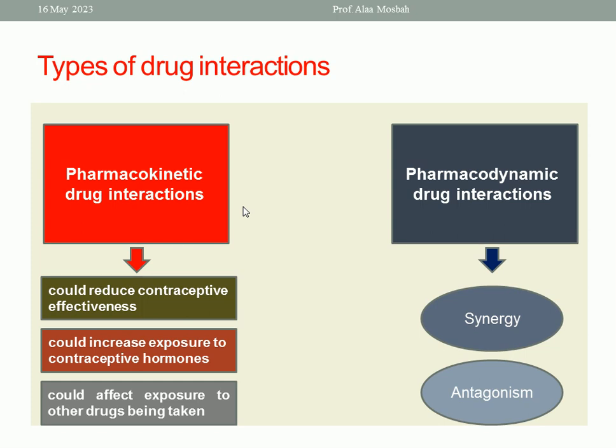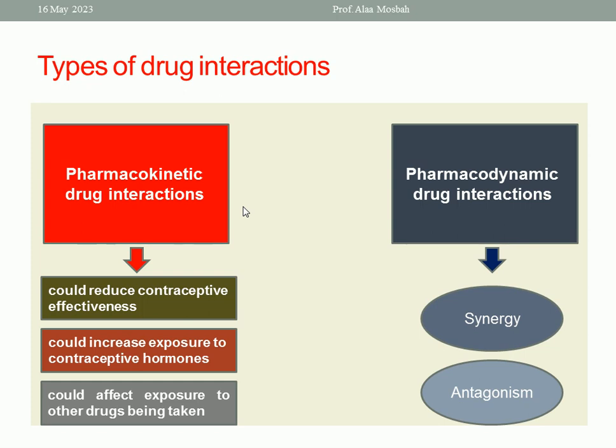Also it could increase exposure to contraceptive hormones, leading to excess hormone and side effects like thrombosis in case of hormonal contraception due to estrogen, ethinyl estradiol. Or it could affect exposure to other drugs being taken. If a woman is taking hormonal contraception and another drug for a medical reason, this other drug may be affected by the hormonal contraception.